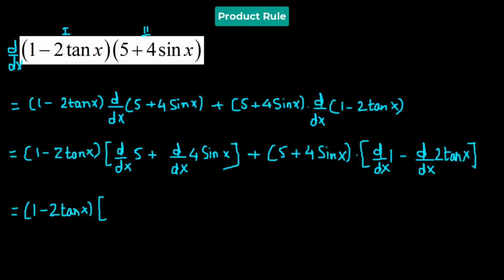So we have a constant function here, 5. So the derivative of a constant function is 0, plus.